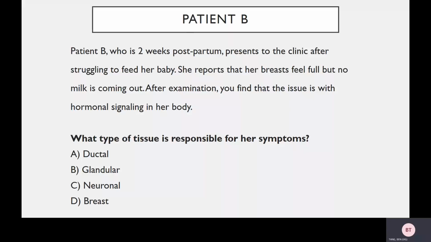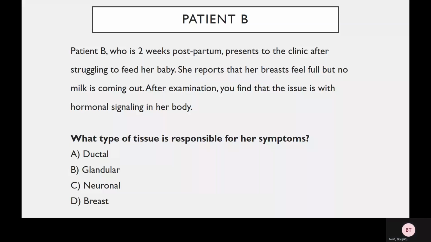Now this goes back to basically whether it's anterior pituitary gland, which is glandular, or your posterior pituitary gland, which is neuronal. And interestingly, one hormone does milk production, one hormone does milk letdown, and they're in the anterior and posterior pituitary gland, respectively, right?